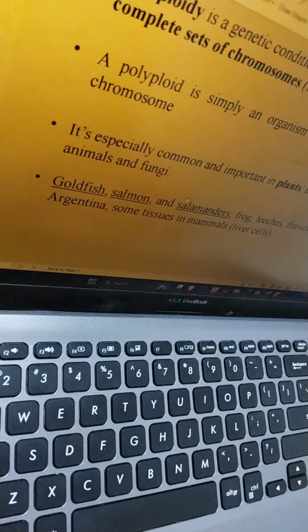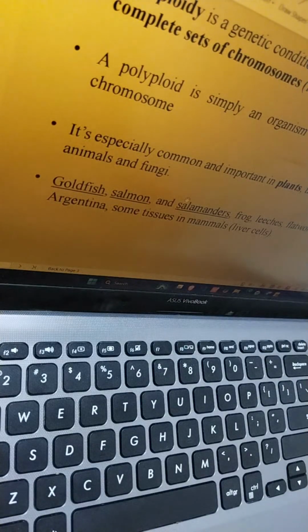It is especially common and important in plants, though it also occurs in some animals and fungi: goldfish, salmon, salamanders, frogs, leeches, flatworms, and rats. Rat has 4n, which equals 102, in Argentina.